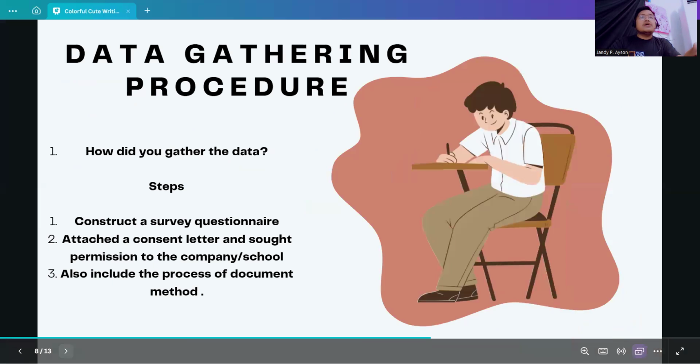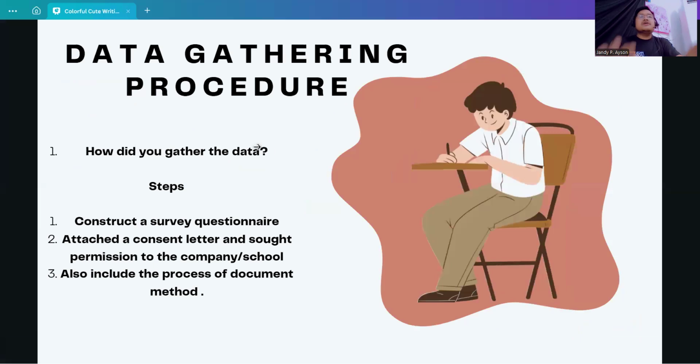And then last one, or second to the last, is data gathering procedure. So when we talk about data gathering procedure, basically, you will just tell or answer the question, how did you gather the data? Okay, number one, construct a survey questionnaire. Number two, attach a consent letter and sought permission to the company or school.